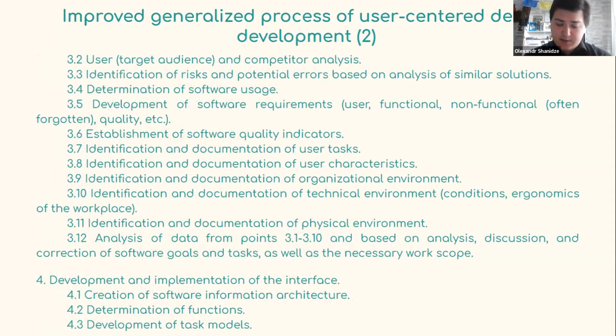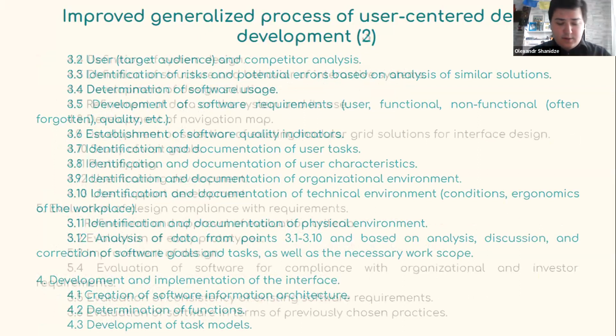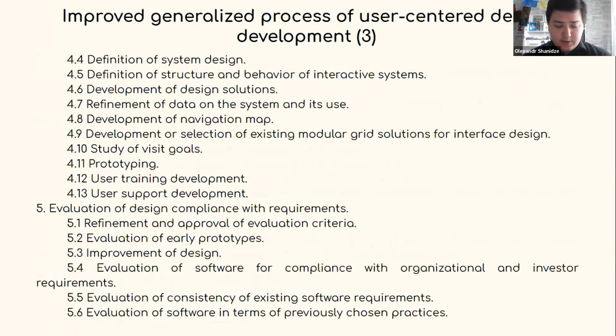The existing process of software design development was summarized, and the result is shown on the following slides. In general, the user interface development processes can be divided into the following main stages: studying the goals and objectives of the software and the composition of the required work, determining methods, metrics, and criteria for evaluating the software.